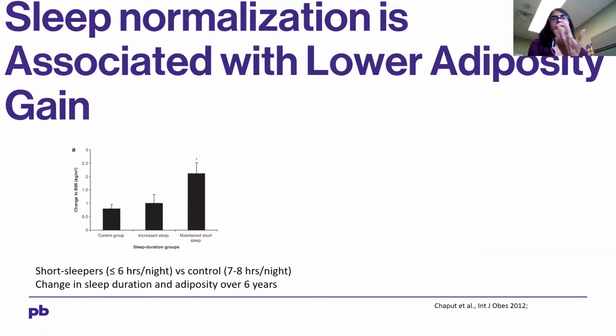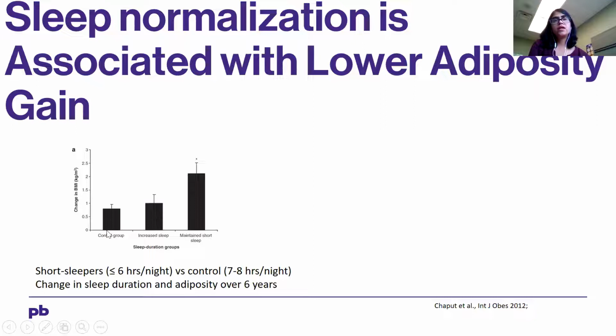On the other side, sleep normalization is associated with lower adiposity gain. So this is again findings from the same study. During the longitudinal follow-up period, they looked at individuals who increased their sleep or who maintained the short sleep.